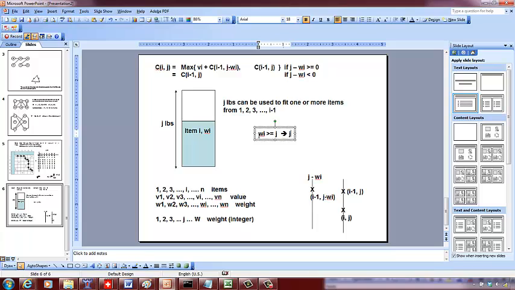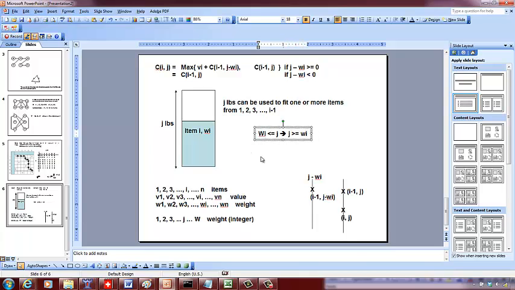Sorry, if I want to put item i into the knapsack of capacity j, Wi has to be less than or equal to j, because it has to fit within that bag. So this implies j has to be greater than or equal to Wi.